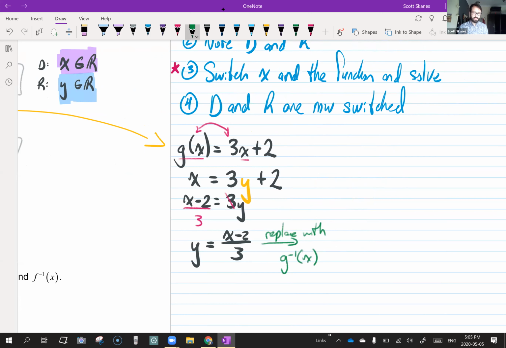The reason for that is no one in the beginning of this question was talking about Y. There was no Y. You made it Y. You chose to use Y. So at the end you need to replace this and put G inverse back in. Okay, that's the exact same answer.